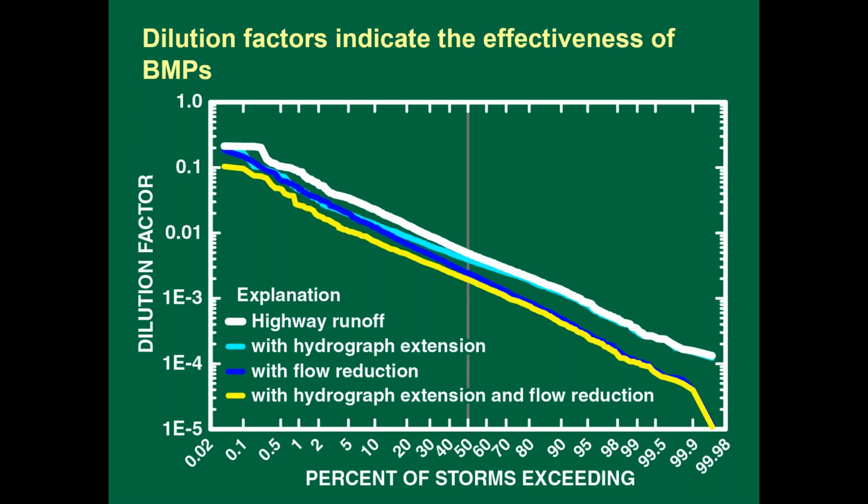The dark blue line might be like an infiltration swale where you're not really slowing down the water, but you're infiltrating it as it drains off the site of interest. And for hydrograph extension and flow reduction, let's say that's a swale with check dams. So you're slowing the water and you are infiltrating the water.